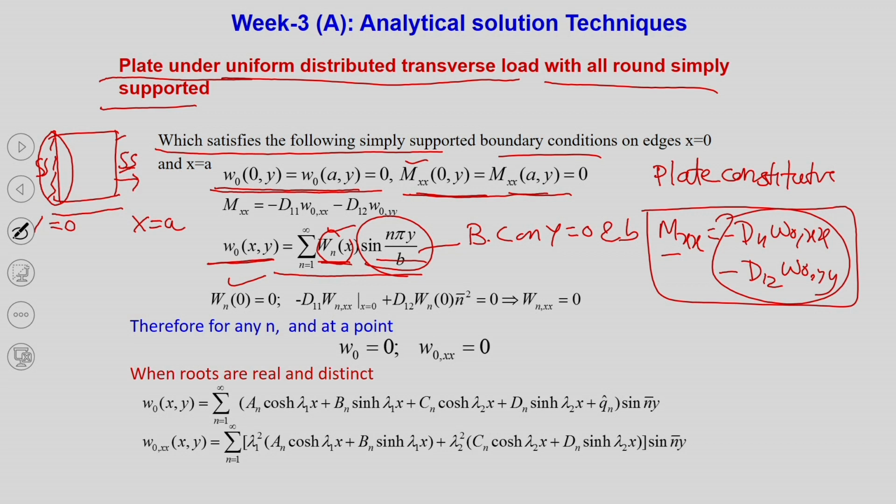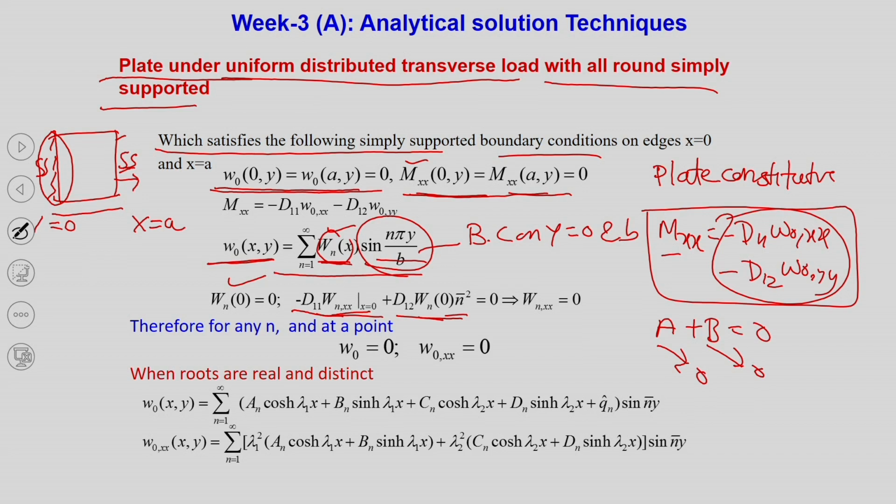So I have written minus D11 W. Now, W naught is capital Wn times sin, so take the double derivative of that, and similarly the double derivative along y, and that has to be 0. From here you see that when two terms, let us say a plus b, equal 0, one condition is that a is independently 0 and b is independently 0, or sometimes it may be a combination.